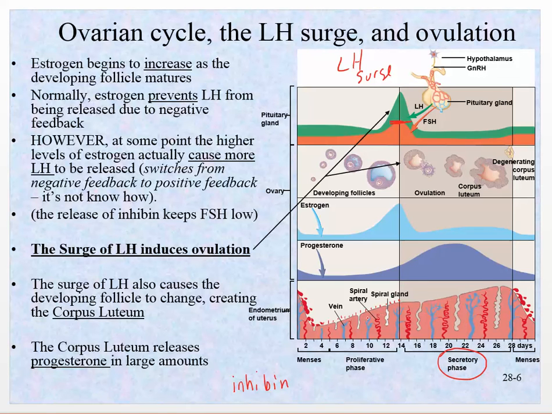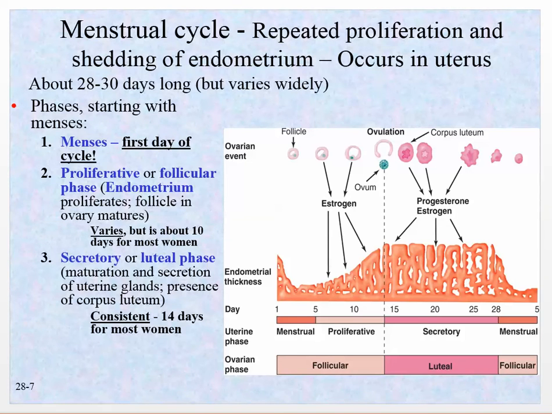Instead of just being closed vessels, it's actually leaking and causing stuff to move out. And so we say that it becomes secretory. Now, if there was a developing baby there, then it would be nourishing that. But if not, then it's just reabsorbed.